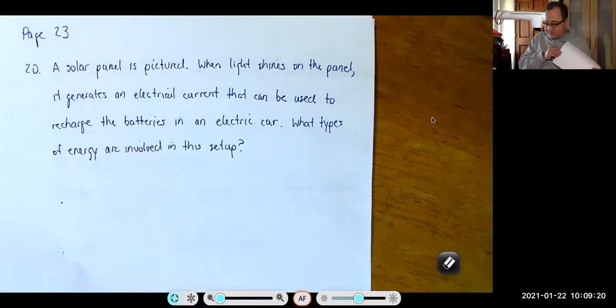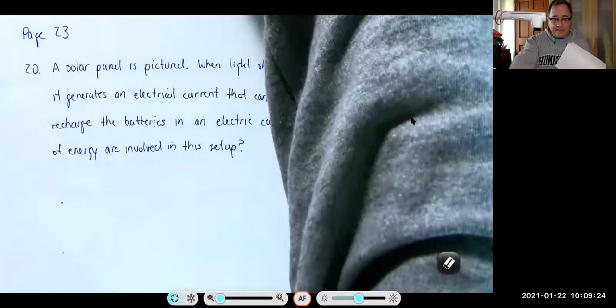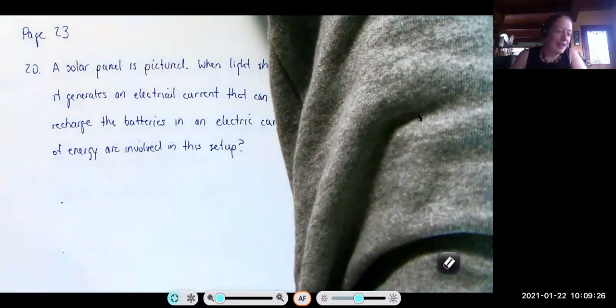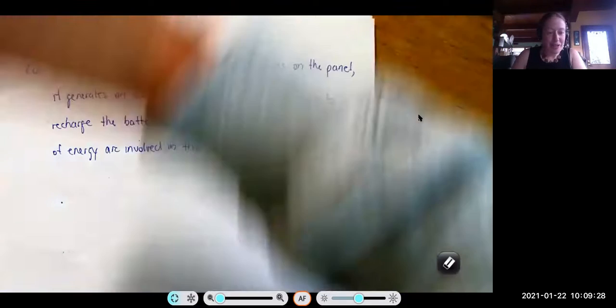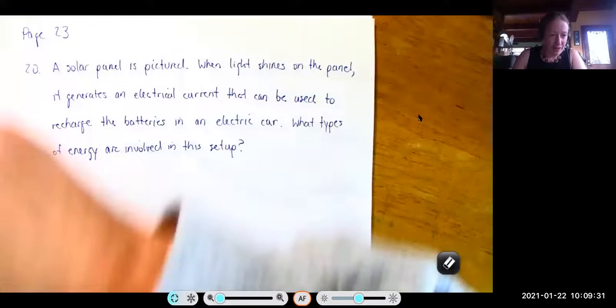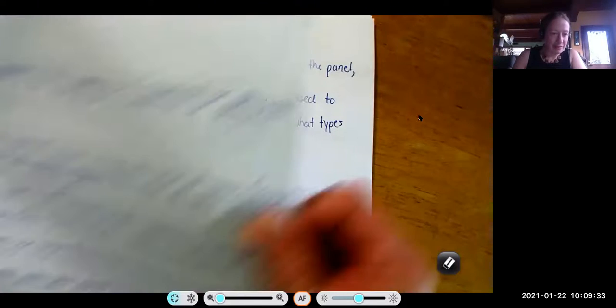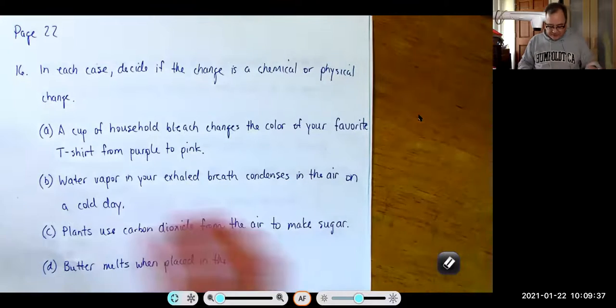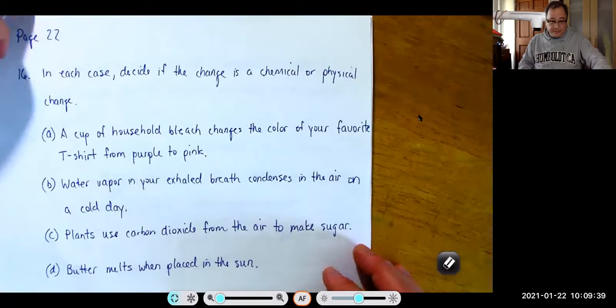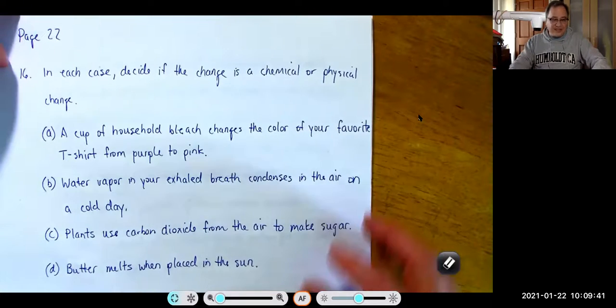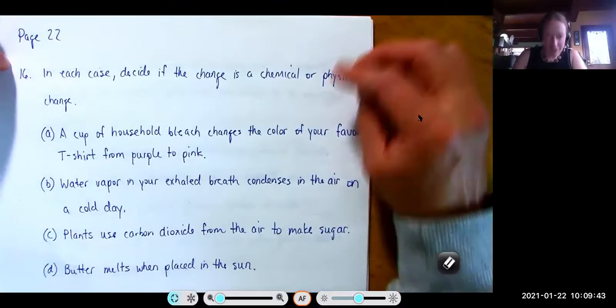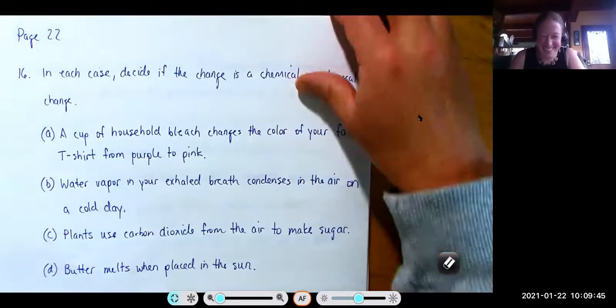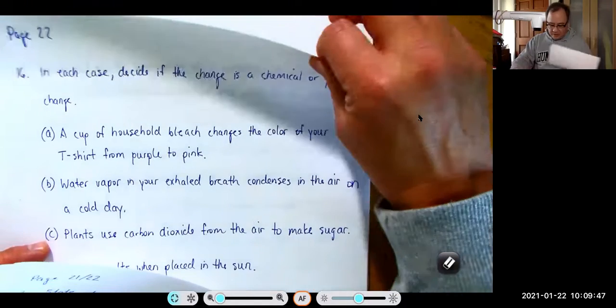Have we discussed that one? Somewhere in your videos, but I've watched a number of them. I don't know if it was in the Zoom sessions. I do know that I've seen that. How about decide whether the following is a chemical or physical change? Again, if you've seen the videos. That one I've covered. Yeah.